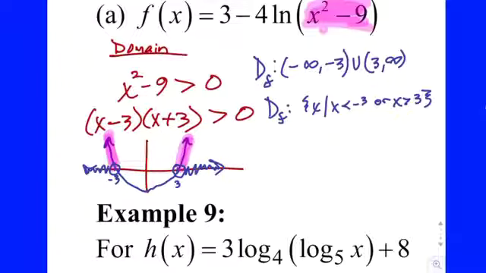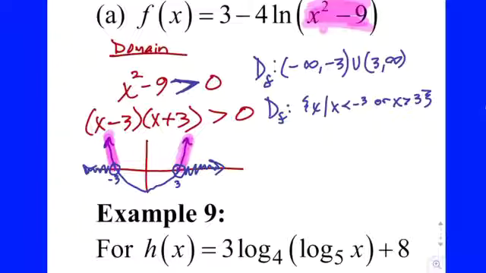We return to the inequality, right? We always want the argument to be greater than 0. So we're always going to be looking where our graph is above the x-axis. Oh, that's a greater than. How do I know it's outside of? We always want the graph to be positive. So where is this graph positive? It's positive to the right of 3, right? It's above the x-axis, and it's positive to the left of negative 3.